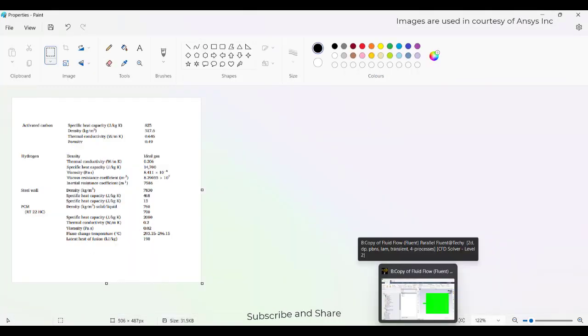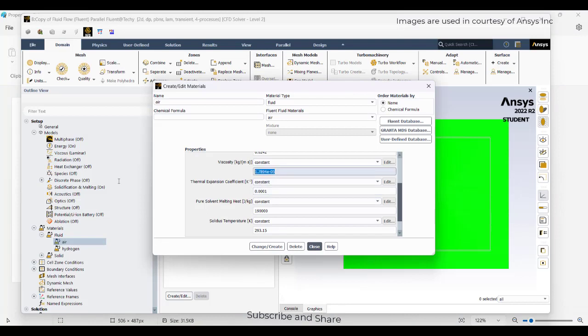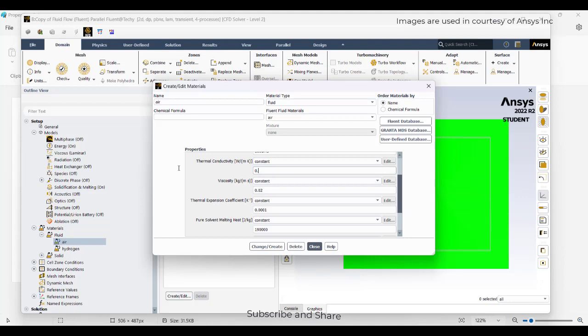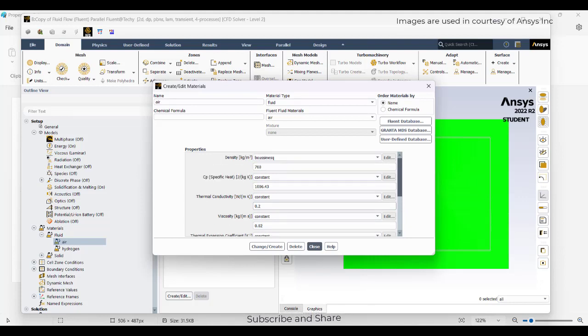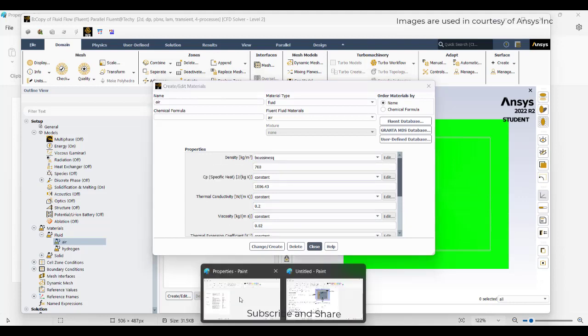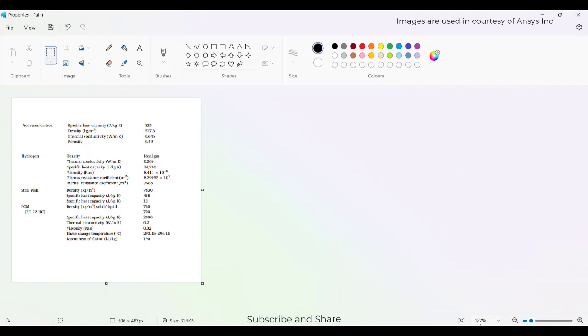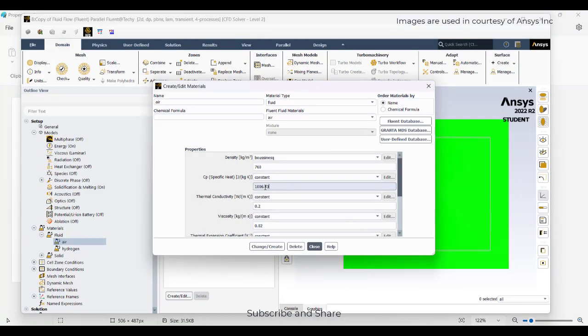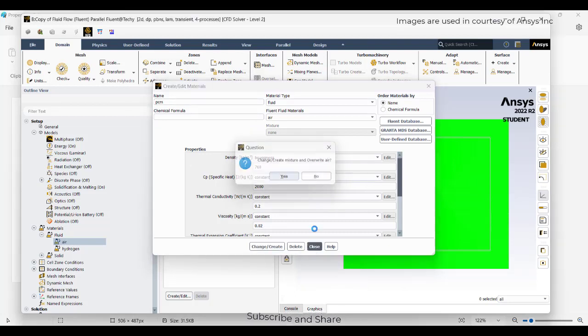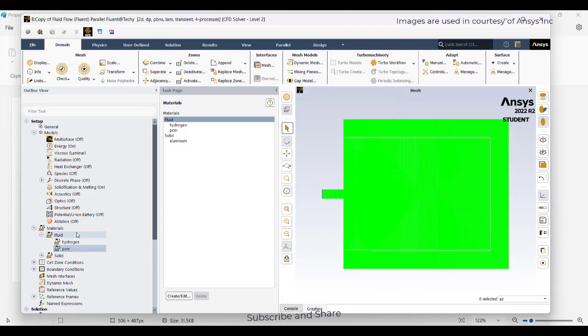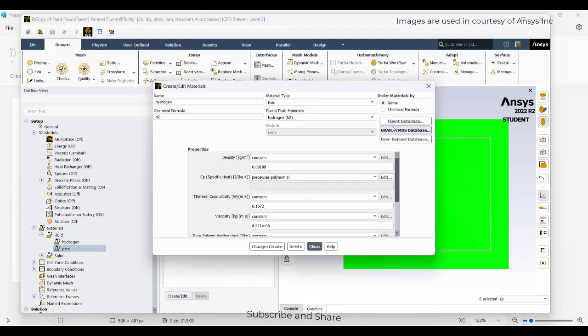Thermal conductivity is 0.2. And the specific heat is 2000. We will name this PCM. Change, create. Yes, overwrite. Also try to get the stainless steel material.